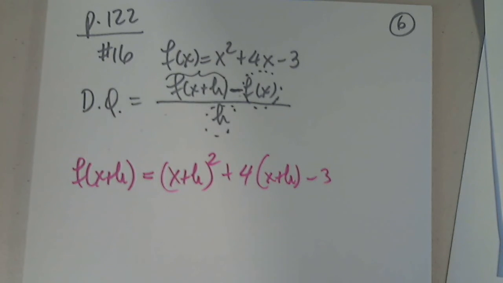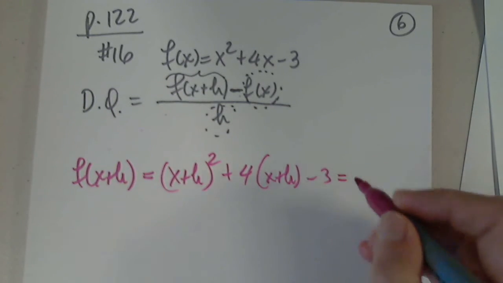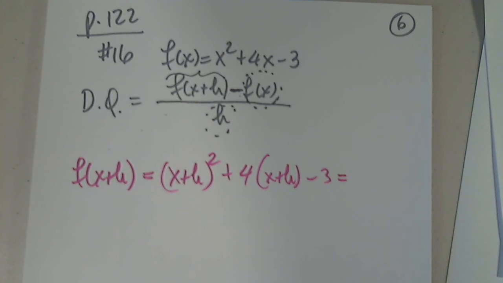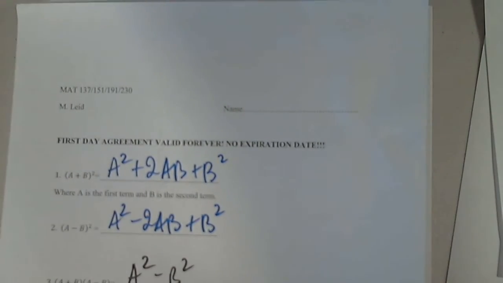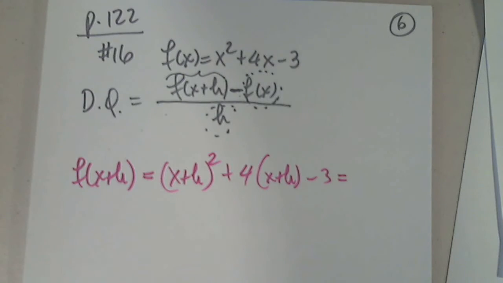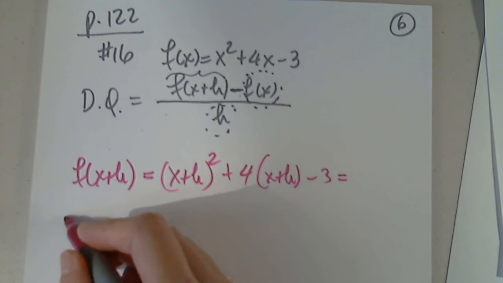And when I square x plus h, what do I get? How many terms? 3. Yes, please, before you say anything, please. Okay, so then can anyone give us those 3 terms?